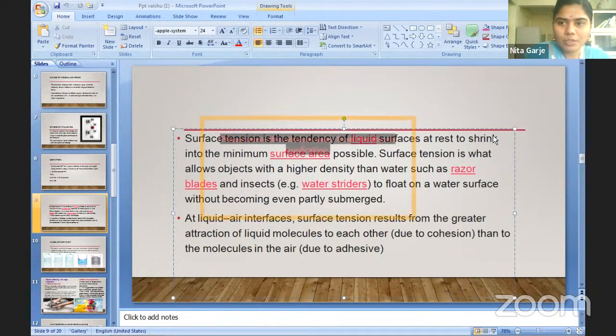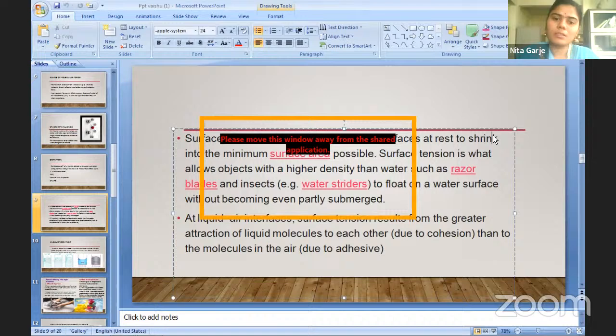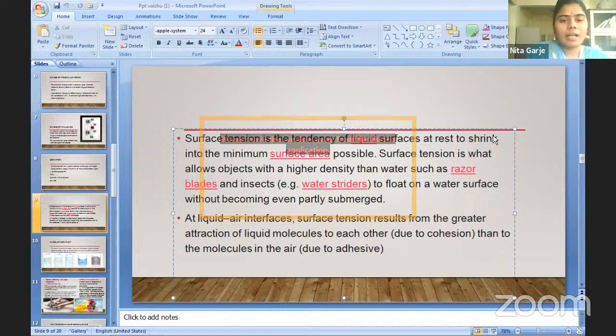Surface tension is what allows objects with higher density than water, such as razor blades and insects like water striders, to float on a water surface without becoming even partially submerged. We have seen this in nature.